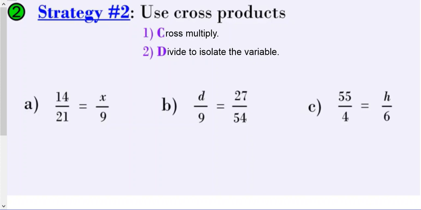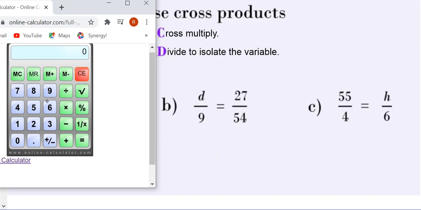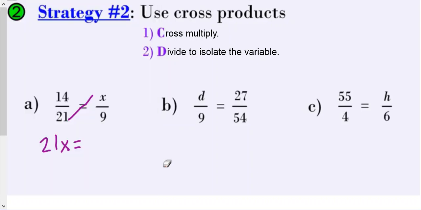Alright, so when we cross multiply, we are multiplying across diagonally. So for this first one, we can multiply 21 times x, and that will give us 21x, equals 14 times 9, and if we use a calculator, 14 times 9 equals 126.